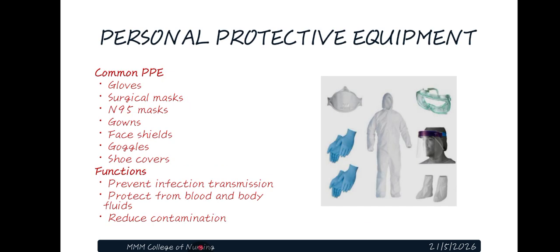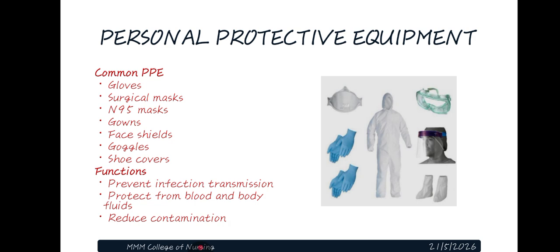Personal protective equipment. So, the common PPE are gloves, surgical mask, N95 mask, gowns, face shield, goggles, shoe covers. Functions are prevent infection transmission, protect from blood and body fluids, reduce contamination.